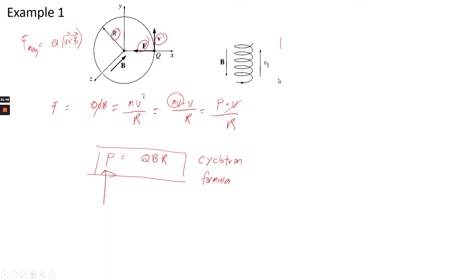If this is the case, if you have a parallel velocity component, your particle will start to move in a helix fashion. Okay, the motion is a helix in that case. And the radius of the helix is still given by this equation, but the velocity in question is now the component perpendicular to the magnetic field.